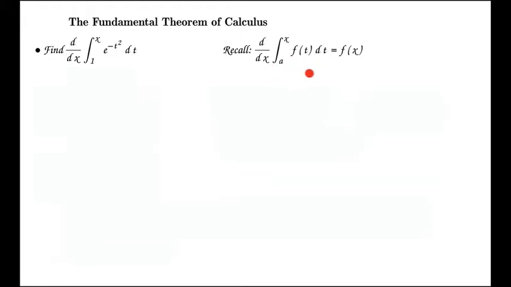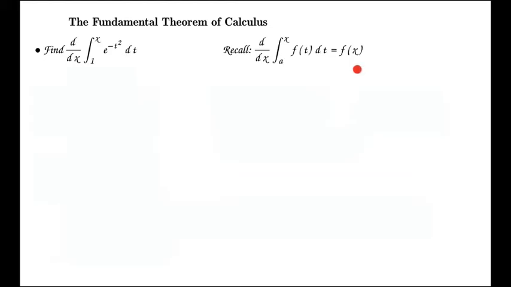Now this whole integral is actually a function big F of x, because when I evaluate this integral, the upper bound causes a variable to remain when I evaluate. So this whole integral is a function big F of x. So taking the derivative with respect to x of big F of x, using the fundamental theorem, it says we can just take our little f and evaluate it at x.